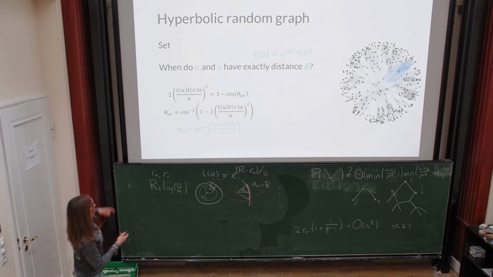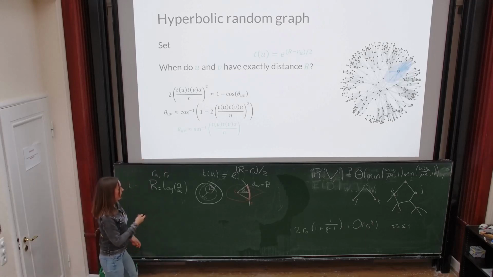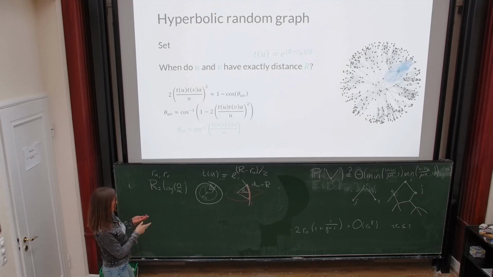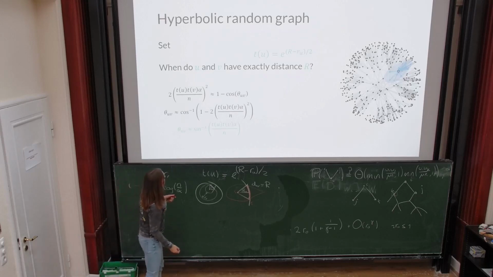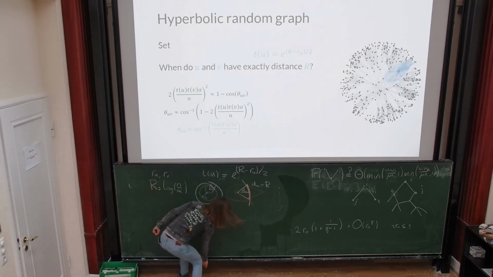So what did we learn? We have 2 points u and v, we define some types, and now we say that they are connected if the product of their types divided by n is at most the inverse sine of the product of the weights divided by n. Well, actually, I cheated a little bit.